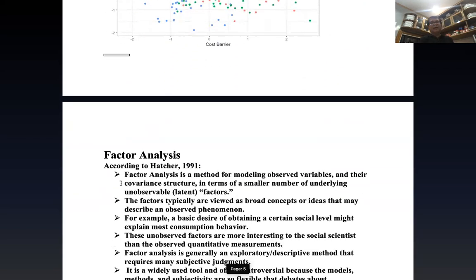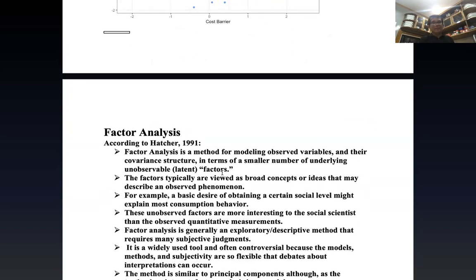Factor analysis according to Hatcher, 1991. Factor analysis is a method for modeling observed variables and their covariance structure in terms of a smaller number of underlying unobservable latent factors.